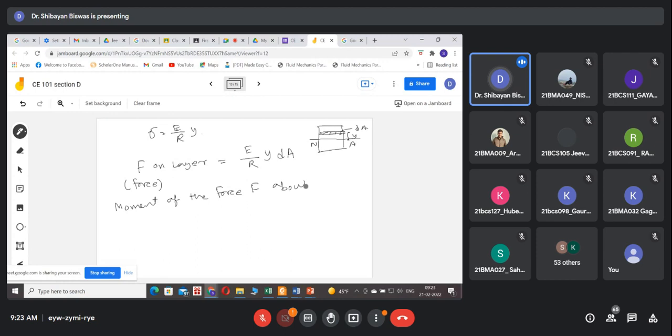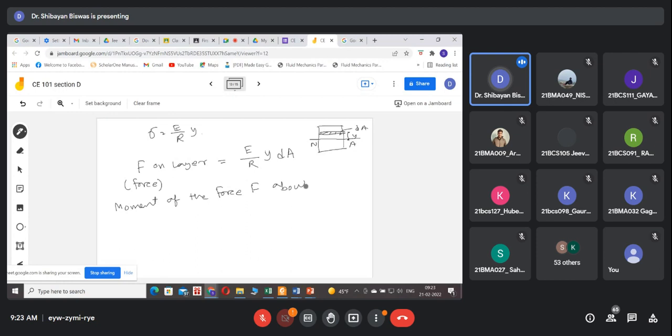Z is I by Y max, and you can write down the expressions so that you can solve the numerical problems. And the final one is M is equal to sigma max into Z.